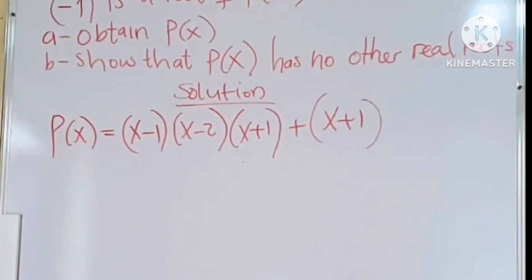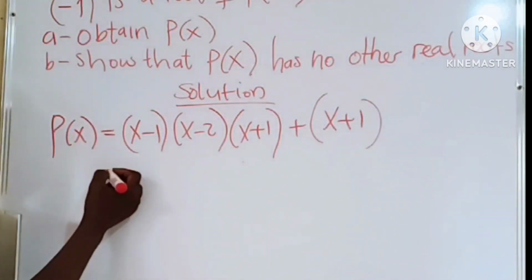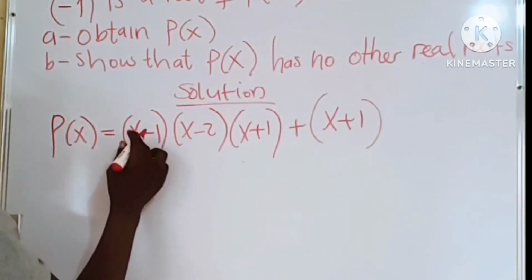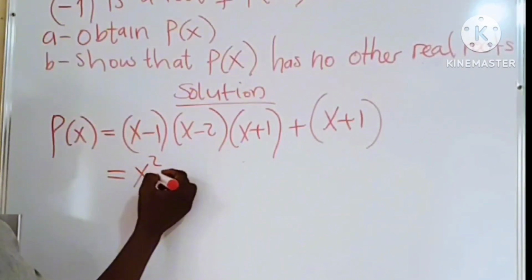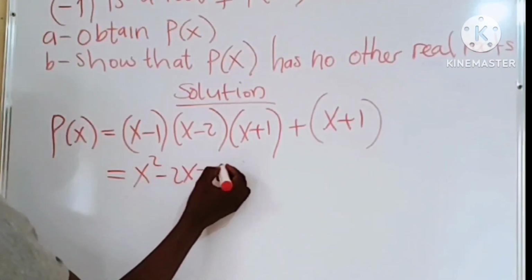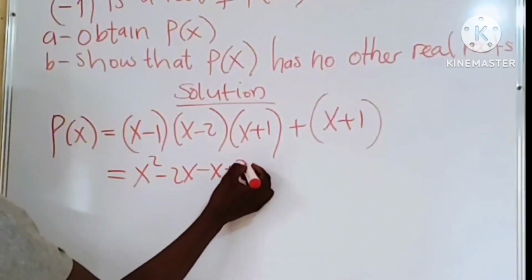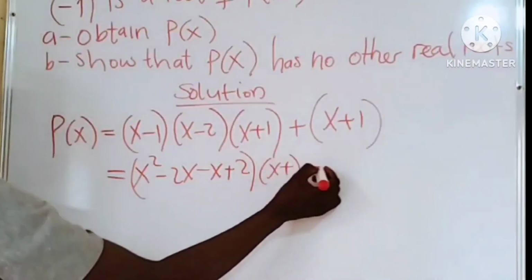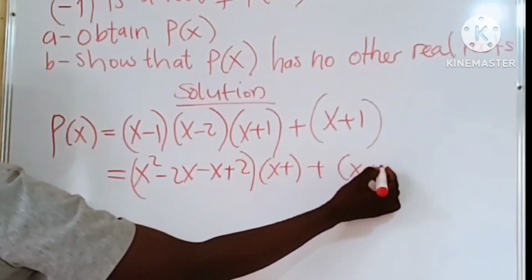In the next part of our question, we are asked to show that P of X has no other real root. Now, what do we do at this level? Let's get P of X. This and this gives us x squared minus 2x minus x plus 2, into x plus 1, plus x plus 1.